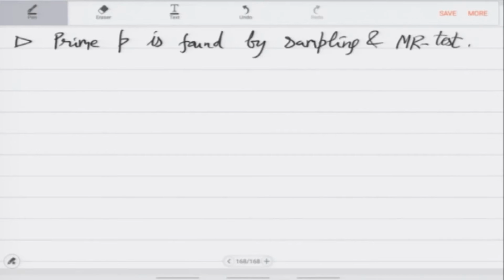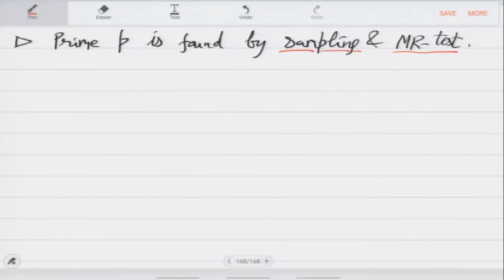If you want an L digit prime P, you sample randomly an L digit number and then do the Miller-Rabin test. With high probability all this will work and you will get a prime number. If it fails, you repeat, and so on.